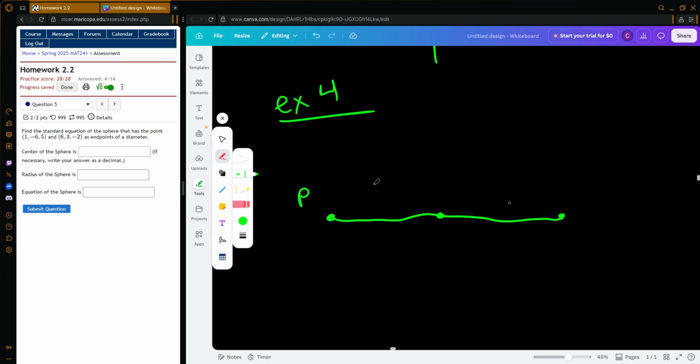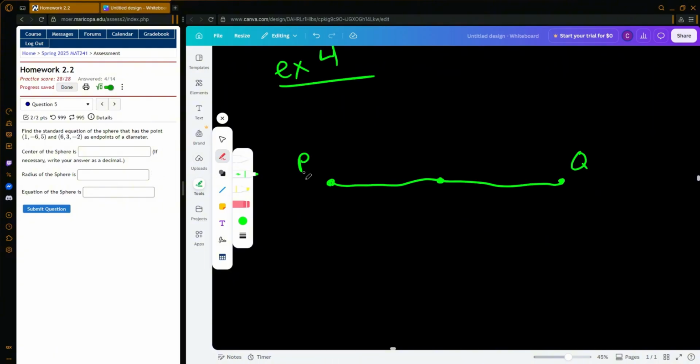So we'll call this point P, we'll call this point Q. So we have to figure out the equation of this sphere. So P is 1, -6, 5. Q is 6, 3, -2.